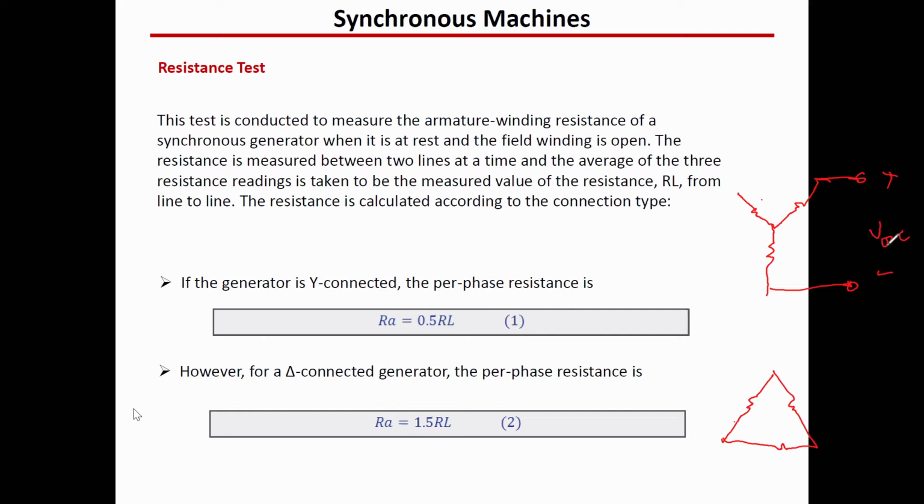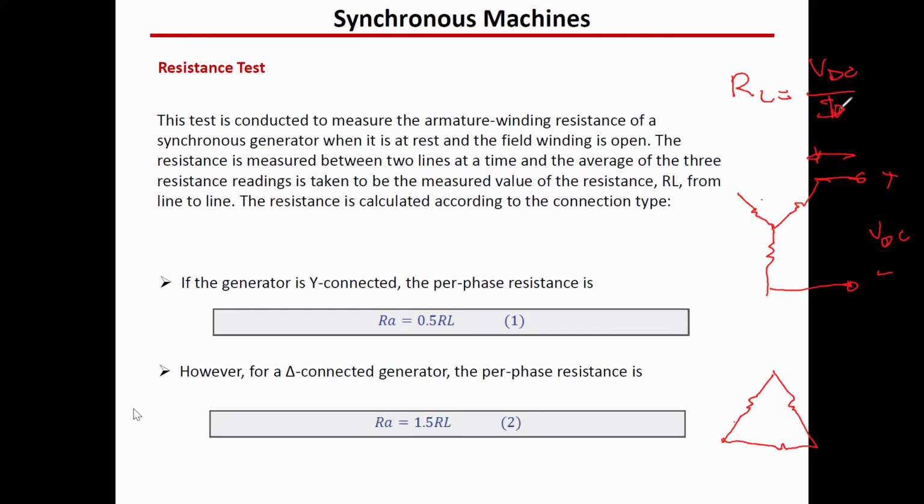What will happen now if you apply the test like this, between the line terminals of the Y connection? The current will flow, and if you divide the voltage that you are applying by the current you are getting, you will get RL.